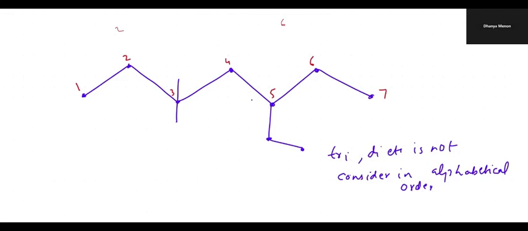If I'm numbering this way, what are the positions of the substituents? At the third position, there are two methyl groups, and at the fifth position, there is one ethyl group. So let's number it in another way. Let's check if it's possible: 1, 2, 3, 4, 5, 6, 7.